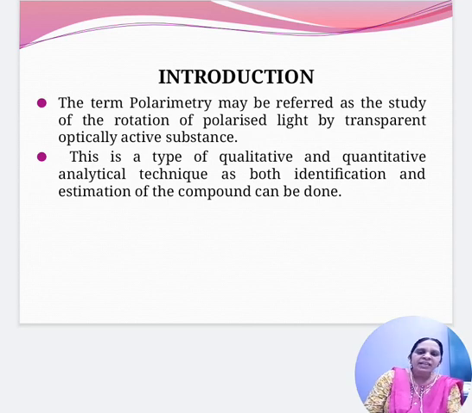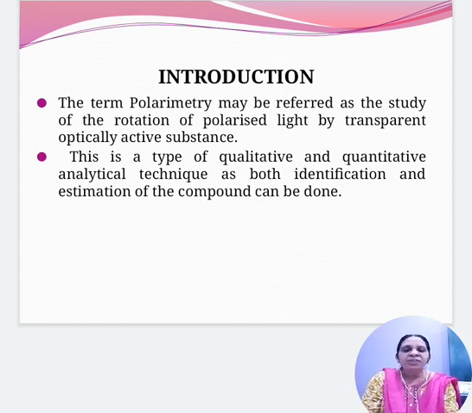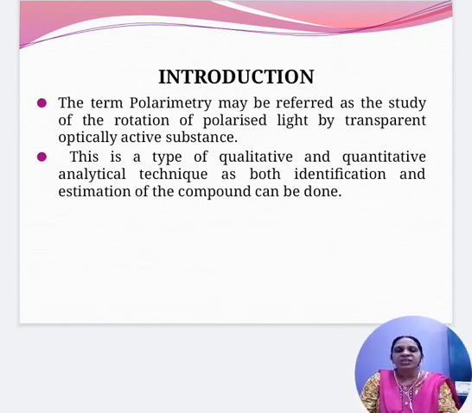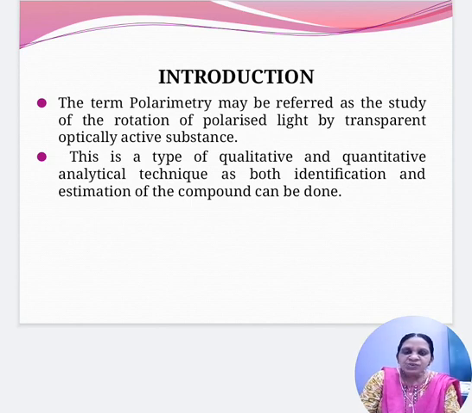So you are getting the polarized light. So it is the study of rotation of this polarized light by what? By a transparent optical active substance, which I am going to discuss with you in the forthcoming classes. Okay. So the rotation of the polarized light by a transparent optical active substance, that study is referred to as polarimetry.